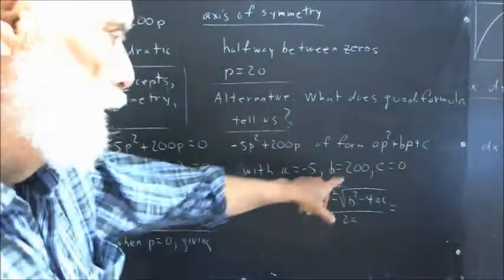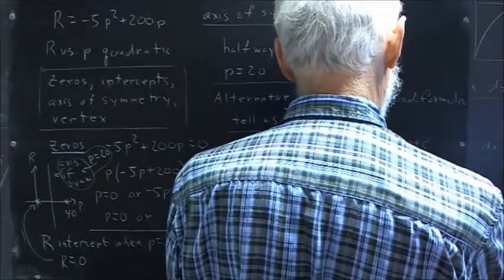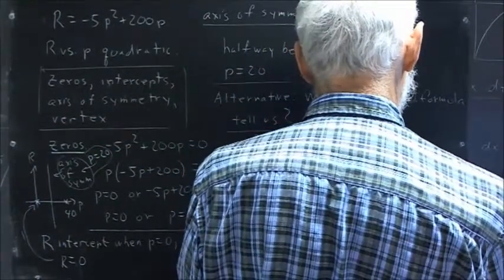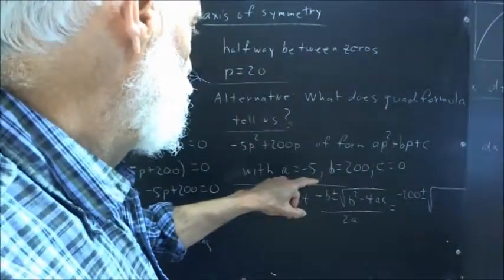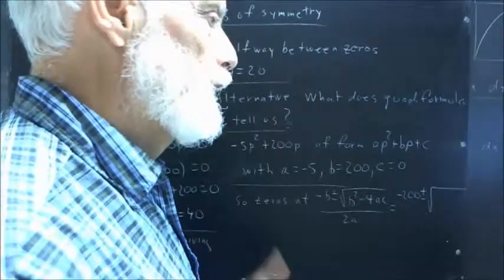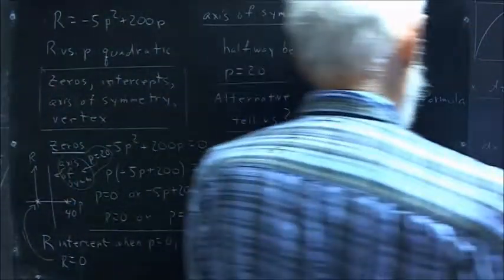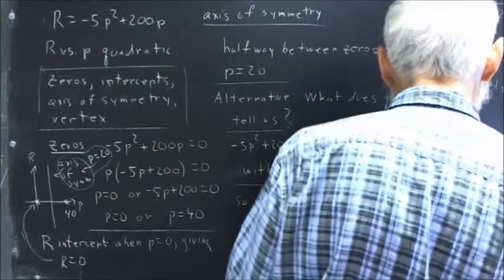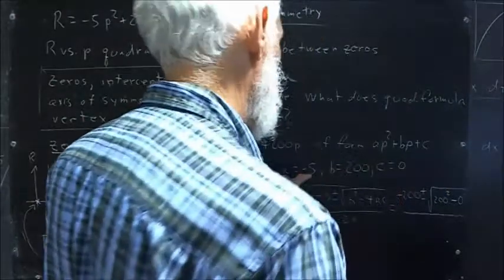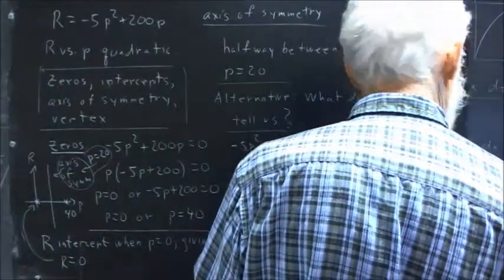And when we plug that in, we're going to have negative 200 plus or minus the square root of b squared, that's 200 squared, minus 4ac. c is 0, so 4ac is 0. So that's just 200 squared minus 0, all divided by 2a, and a is negative 5, so that's 2 times negative 5.